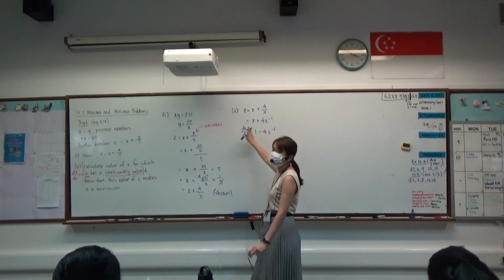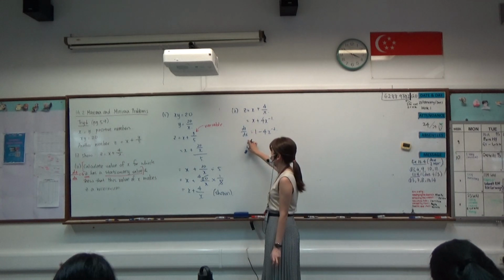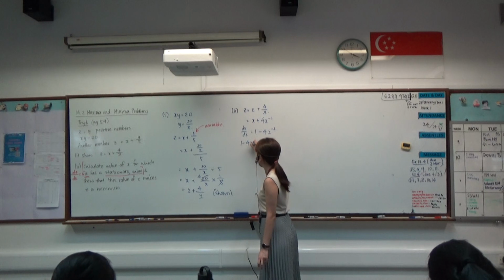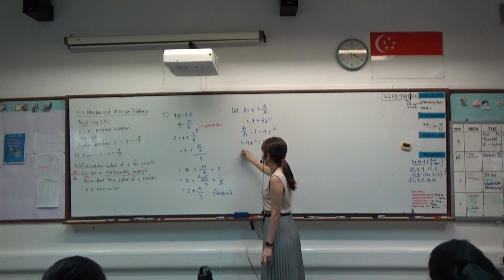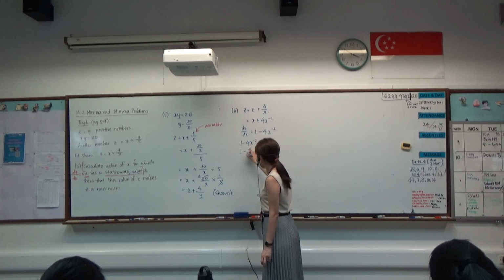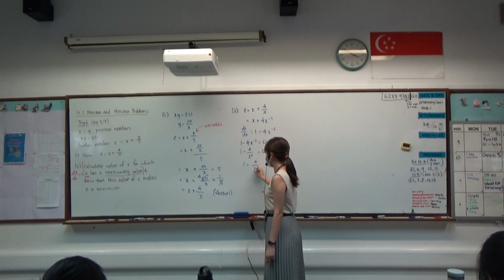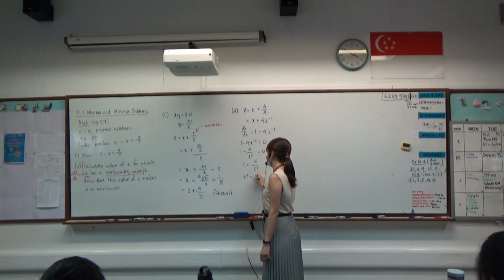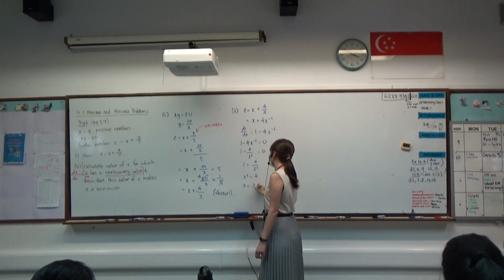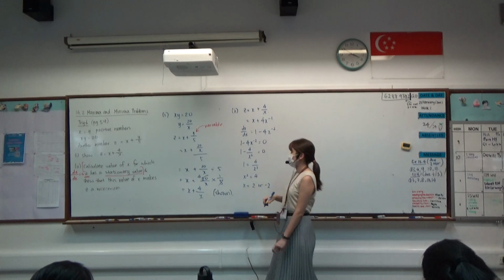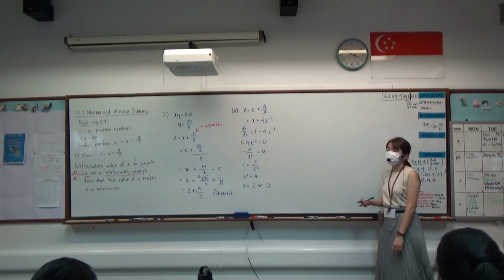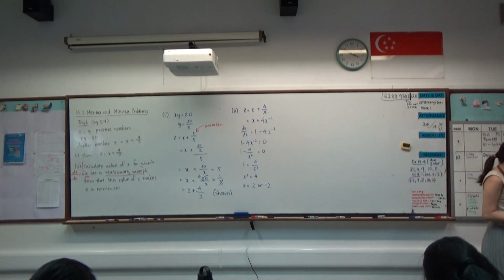We want z to be a stationary value, so dz over dx must be equal to 0. When we take the square root of 4, we get positive and negative, so it's either 2 or negative 2.